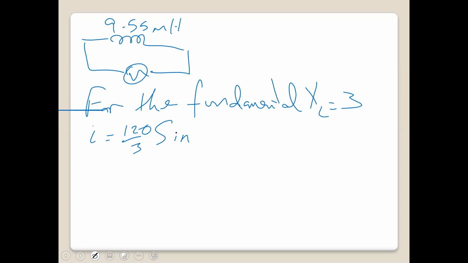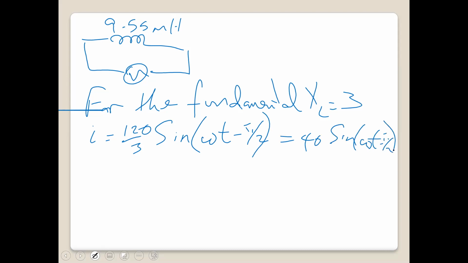Current lags by 90 degrees, so how do I write that? It's sine omega t minus pi over 2. So that gives me 40 sine omega t minus pi over 2.